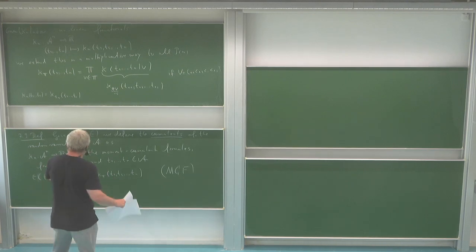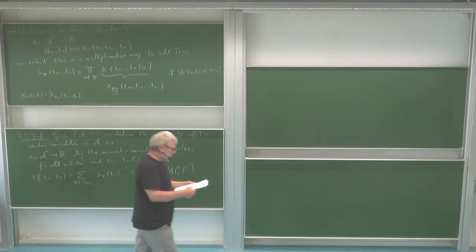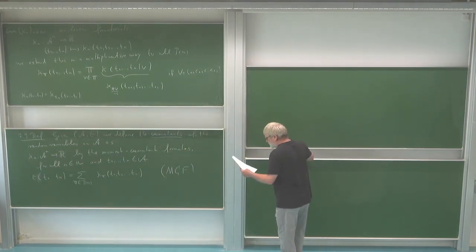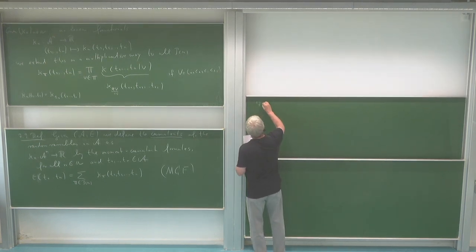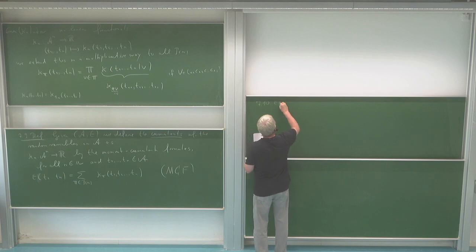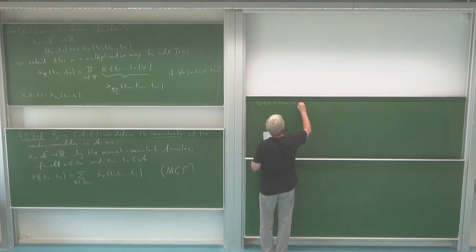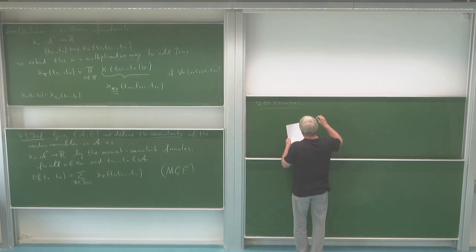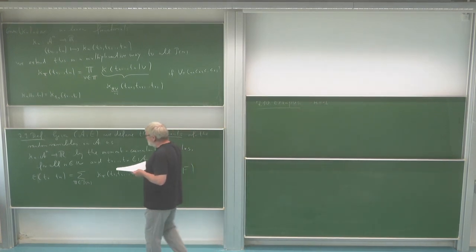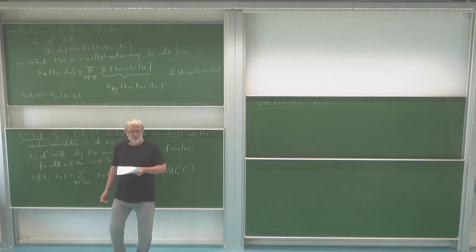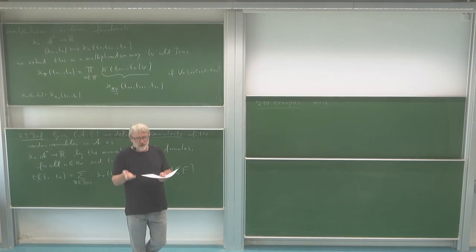The smallest possible n, of course, is n equal to 1. So what does this equation tell us in this case? For n equal to 1, I only have a t1, and p1 is just the partitions of the set consisting of one element.